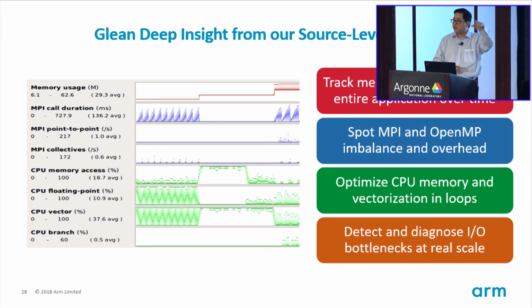Typically, if you have a sawtooth pattern, that means one MPI rank is waiting for another MPI rank before it can finish and move on and do its thing. You can see how well the vectorization is shown in different points of the code. Like I said, left is when your program starts, and right is when your program ends.